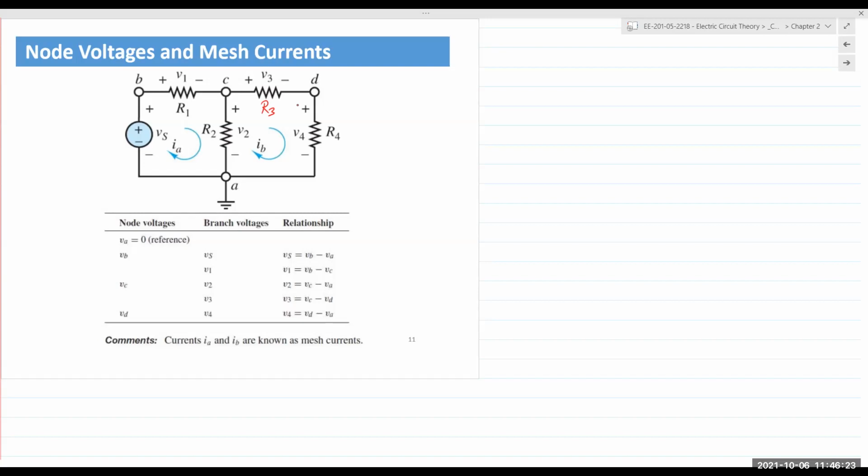You can see they're moving clockwise inside that loop. Those are known as mesh currents. These mesh currents are hypothetical. They do not exist. They are purely theoretical. They only exist as far as this analysis technique is concerned.